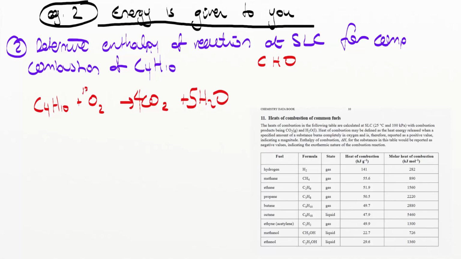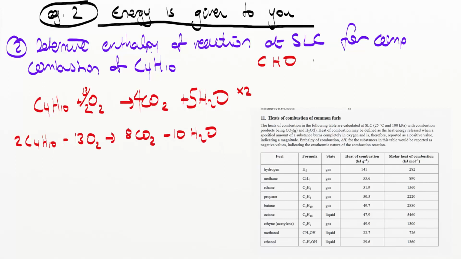So we'll write 13 on 2 here, because O2 times half gives you just 1 oxygen, and you multiply that by 13, it gives you 13 oxygens. So then we can multiply this by 2 to get the balanced equation. So what we get is 2 butanes plus 13 oxygens forms 8 carbon dioxide plus 10 waters.